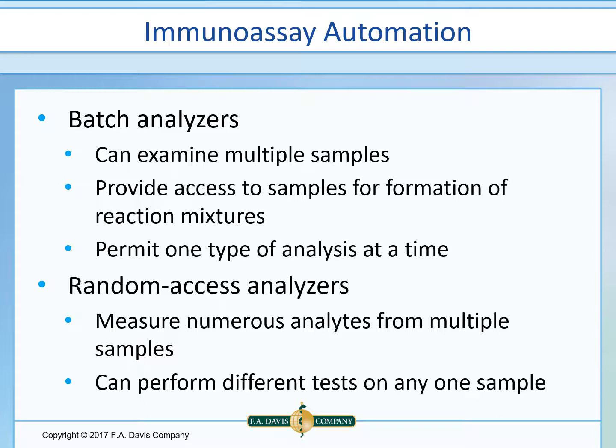Stat samples can't be loaded randomly, and there can't be multiple analyses on any one sample. The other type of analyzer, the random access analyzer, is one in which a modular system is configured to measure numerous analytes from multiple samples. In these analyzers, many test samples can be analyzed and a number of different tests can be performed on any one sample.